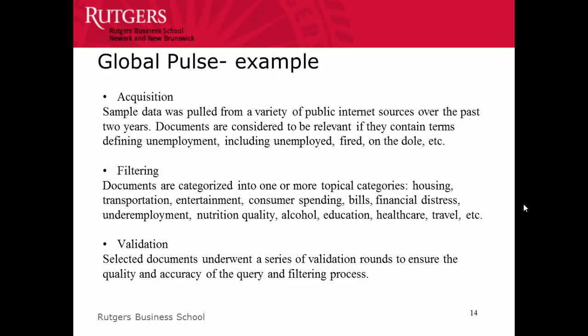And there is also another validation step, in which all the selected documents underwent a series of validation rounds to ensure the quality and the accuracy of the filtering process. This step works like noise removal.